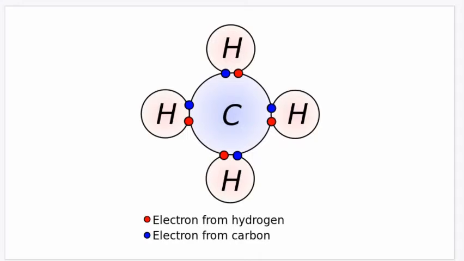Here's another example of carbon and hydrogen. It's clearly labeled here, the electron from hydrogen and carbon, and we can see how it shares 1 each in order to make each other stable.